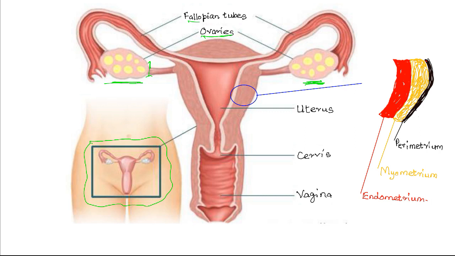The fallopian tubes, also known as the oviducts, are muscular tubes about 10 to 12 centimeters long. They have a funnel-shaped opening with feathery processes known as fimbriae. So these are the processes known as the fimbriae.